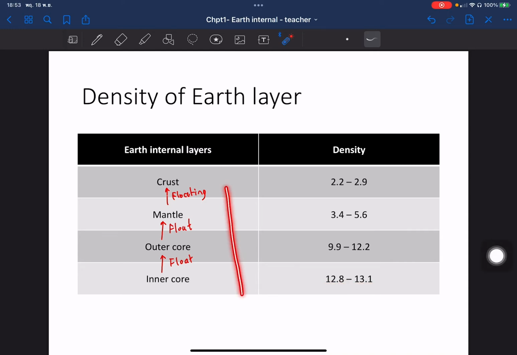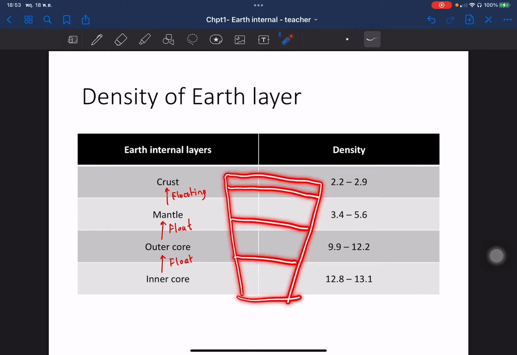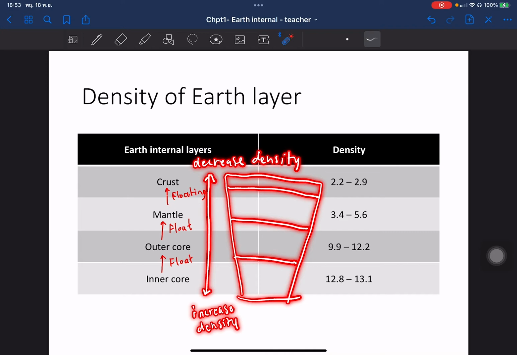If we compare the layers of the Earth from the outermost layer to the mantle, to the outer core, and to the inner core, the density here will increase this way.